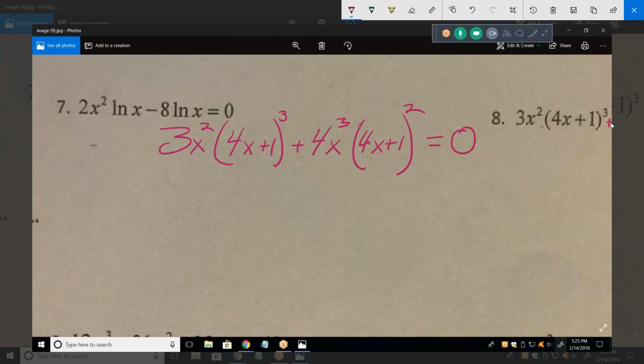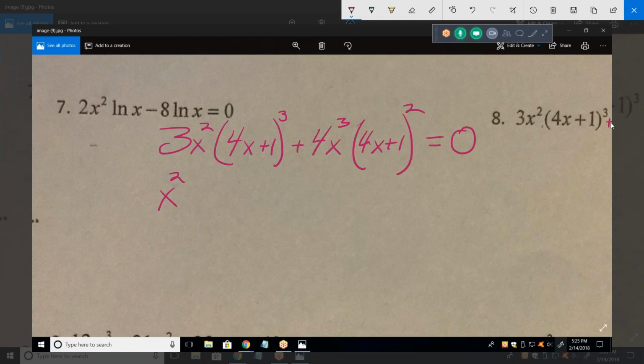Let's talk about greatest common factors. What's one that we can take out? X squared. Yeah, I'm going to do these separately, just because I don't want anybody to get confused.